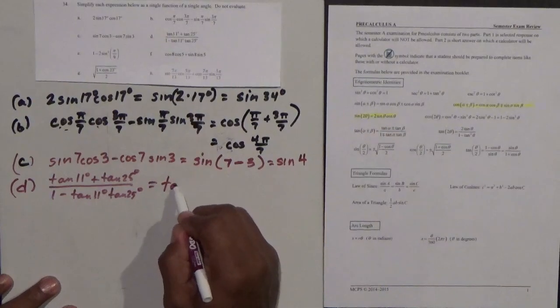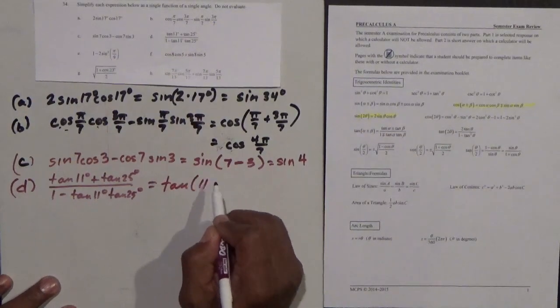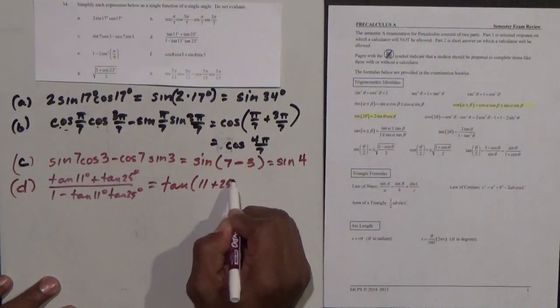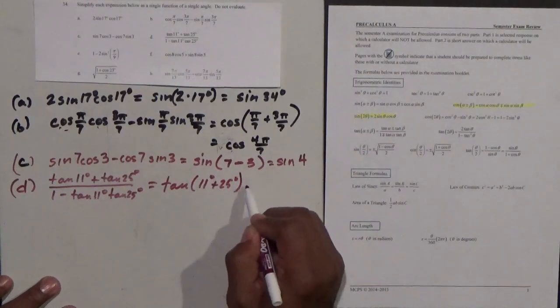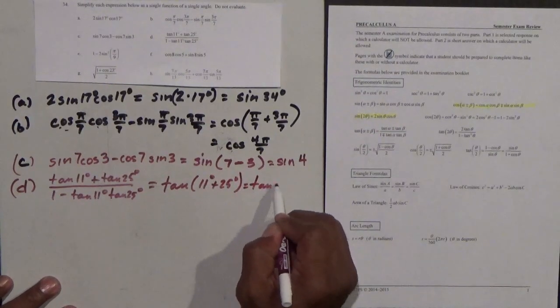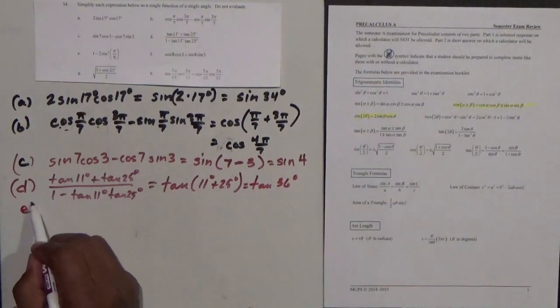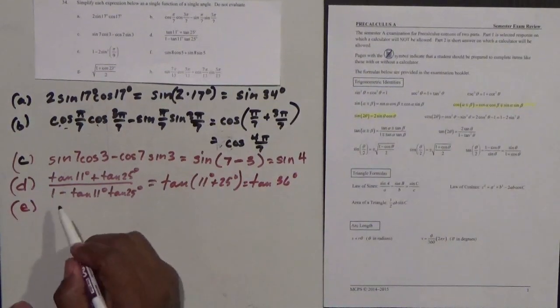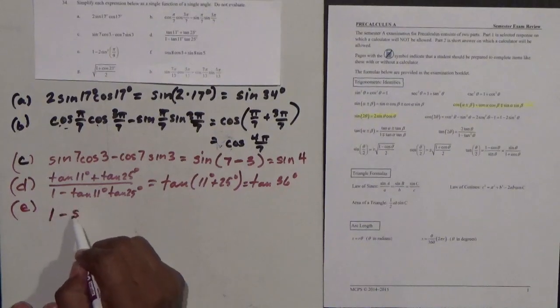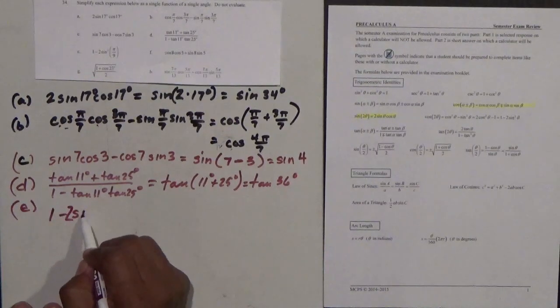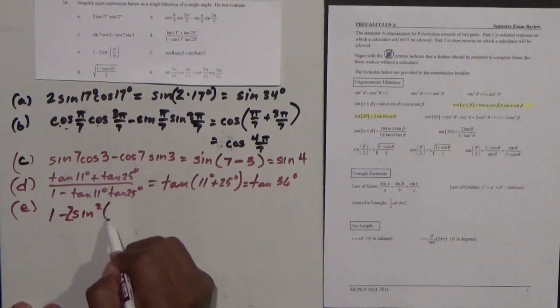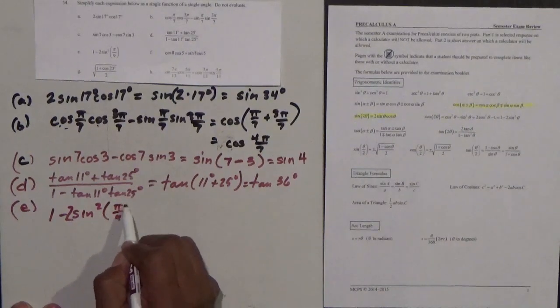So this just becomes tan 11 plus 25, and that is tan 36 degrees. Keep it going. E, 1 minus 2 sine pi over 9 squared.